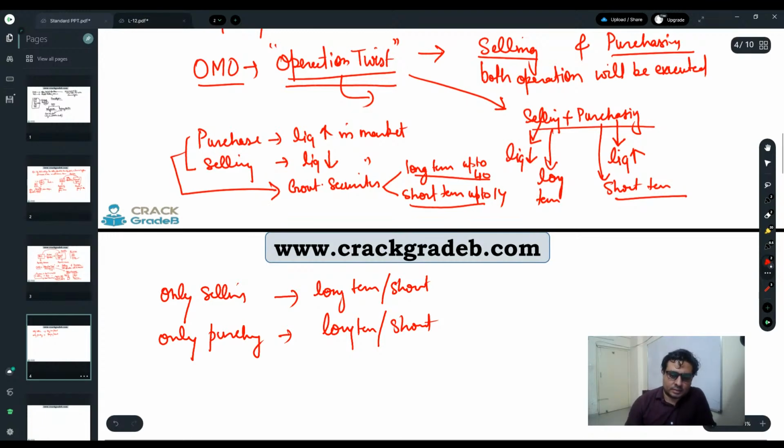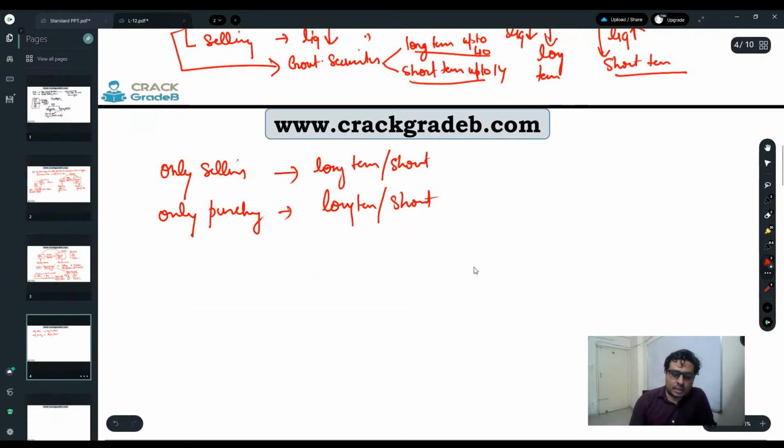To understand this thing, you have to first understand one characteristic of these securities, right? I told you in the very beginning, there is a security having the price of 100 rupees. RBI is offering a 7% interest rate, right? So there are two kinds of options.